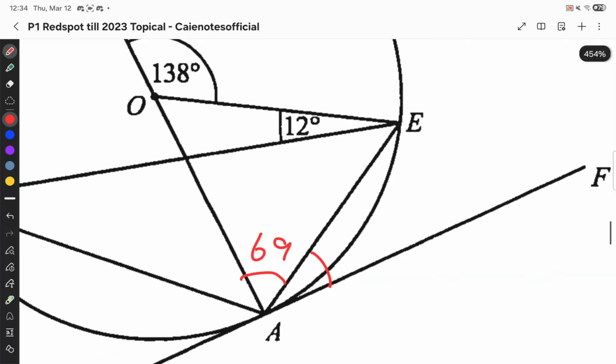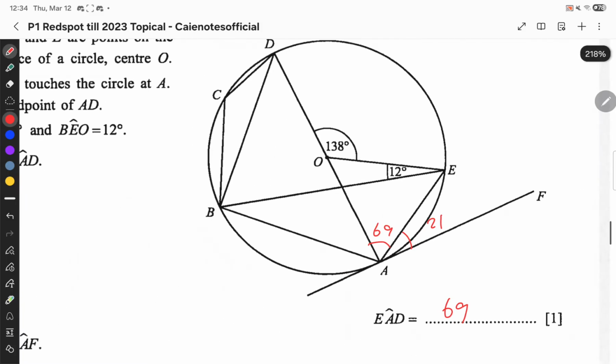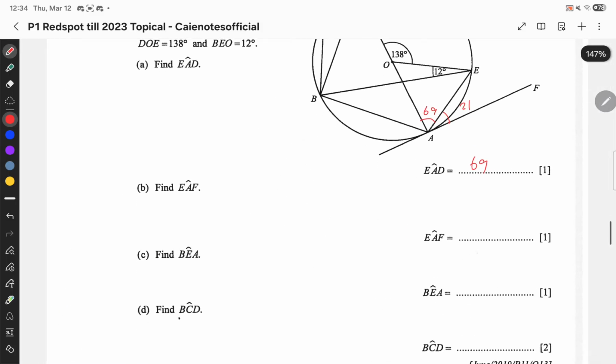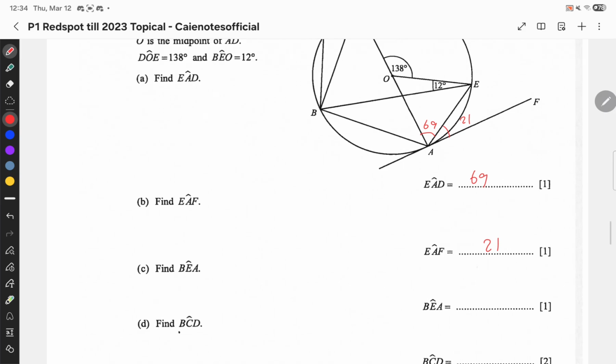Yes, sorry, this is a 90. This is a tangent. 90 minus 69, which is 21. Boom. You see, this is so obvious, you just cannot find it. Even I cannot, but after looking, rejudging, done.